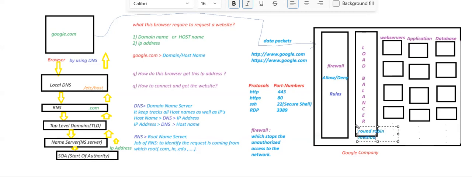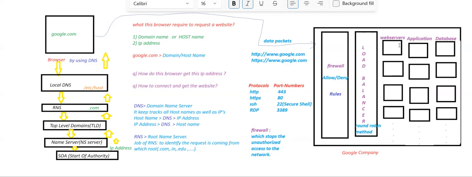Based on the round robin method, it just redirects the traffic to the web servers that are there.